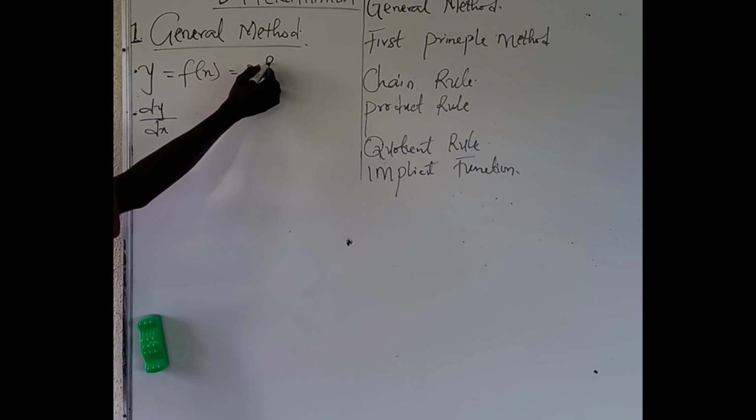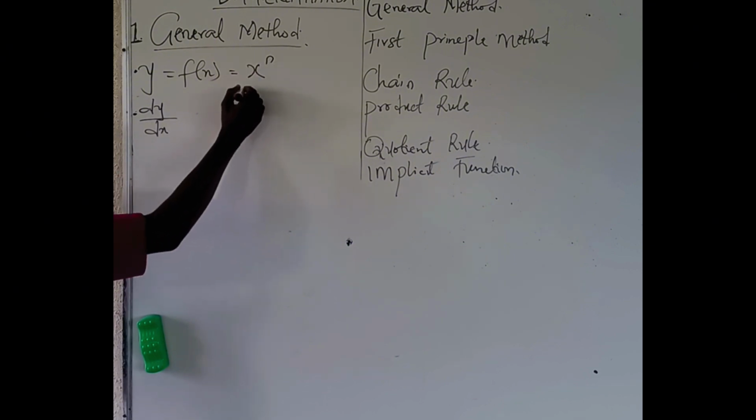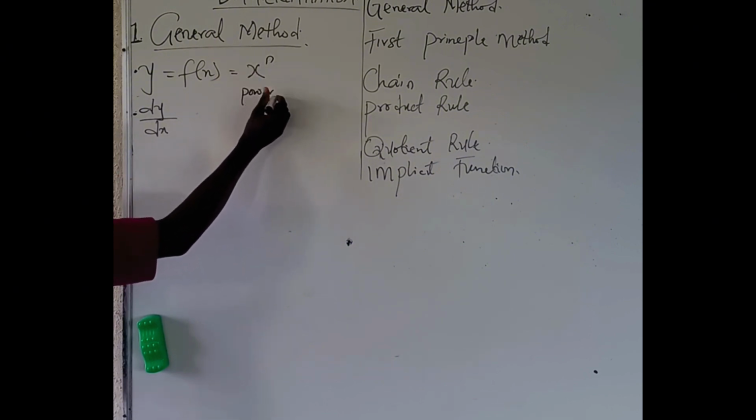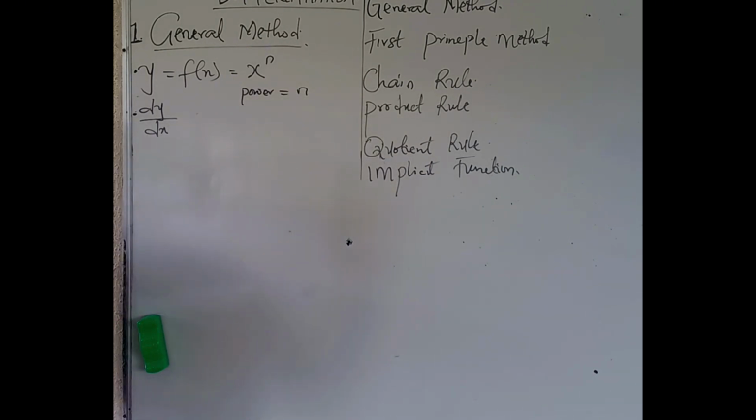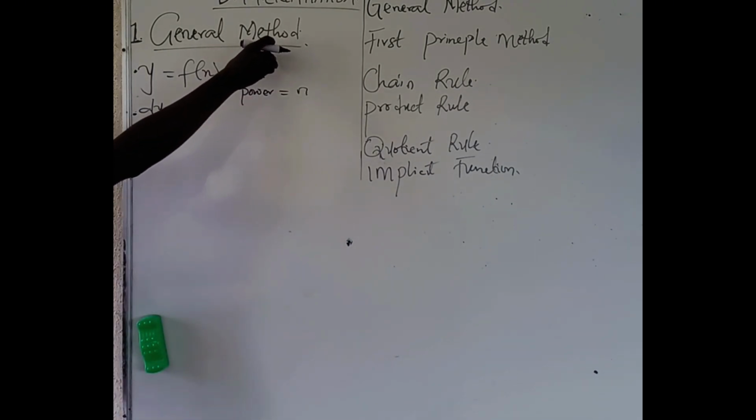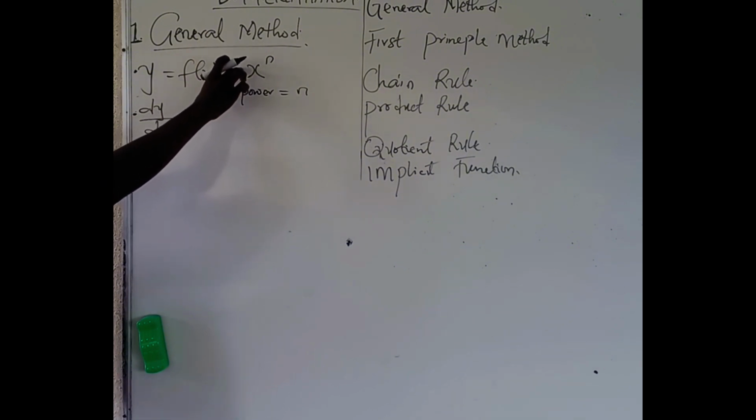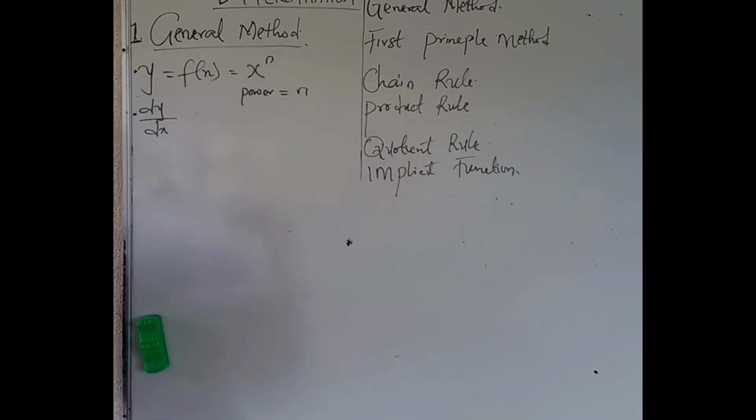what is the power? The power is n. Let me split it so you can understand. The idea of the general method is you multiply the power by the coefficient. Don't forget, I said something earlier on coefficient in my previous video using Pascal triangle. We say that coefficient is the number that is beside the alphabet.